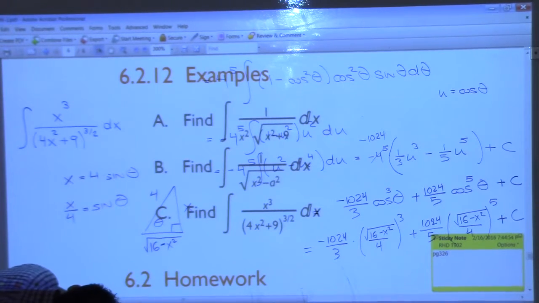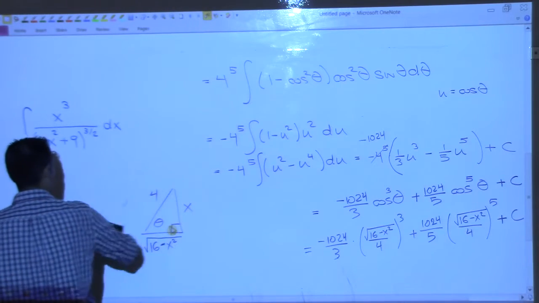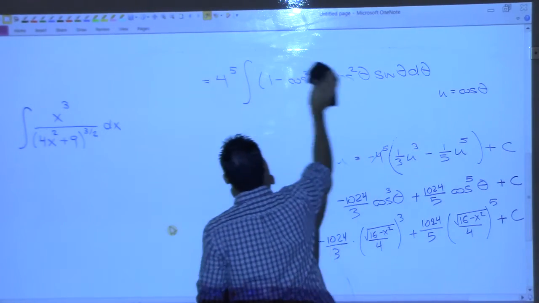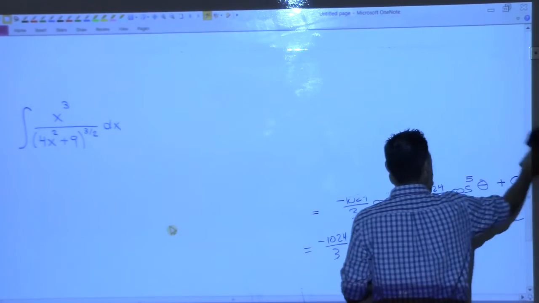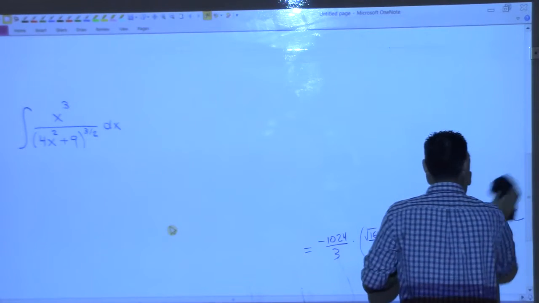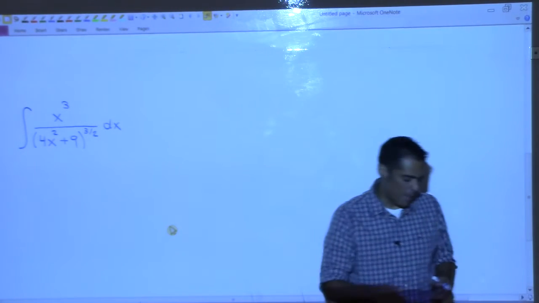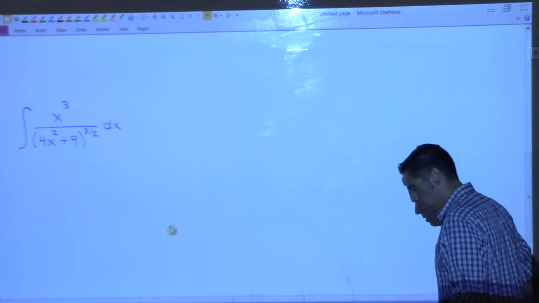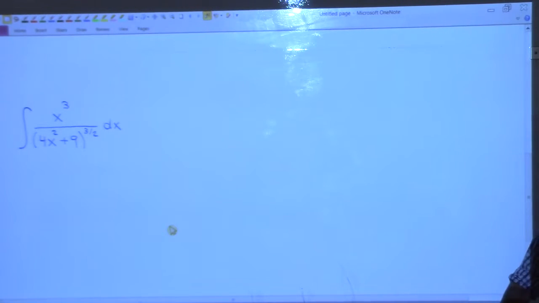I think it's safe to say you're going to need to do a lot of practice on this. It's my feeling that this section, trigonometric substitution, is the section where you really start to feel the intensity of this class.